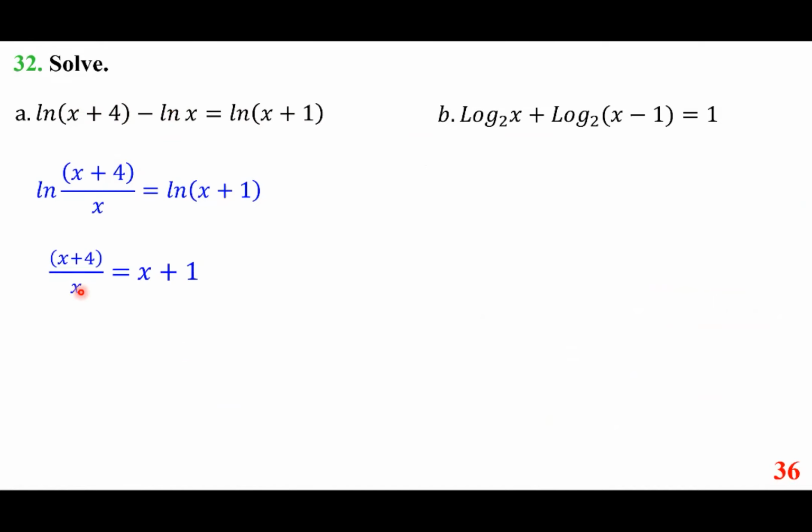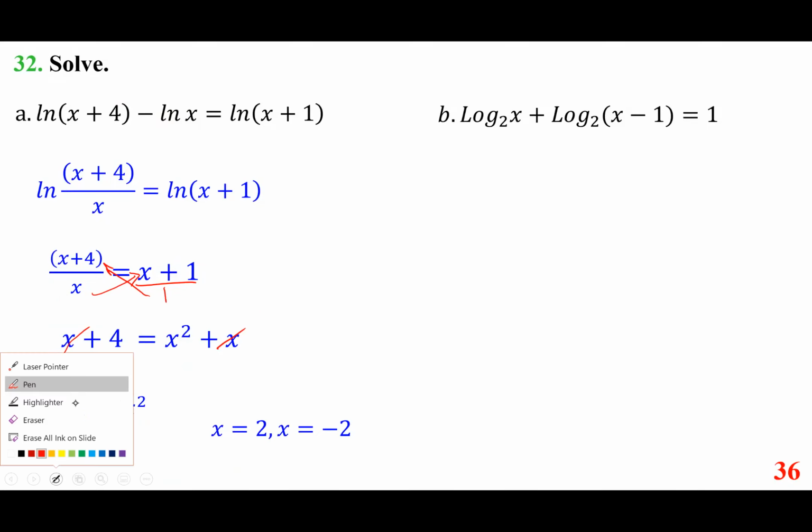Now we do the cross product. One times x plus 4 is x plus 4. And multiply these two, I get x squared plus x. As you can see, I can drop the x. X squared becomes 4. And we have two answers, 2 or negative 2.